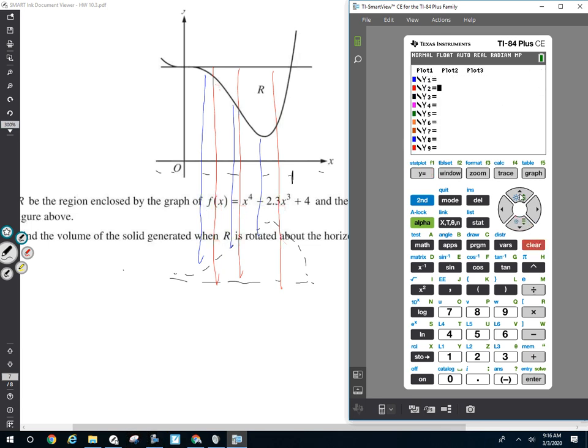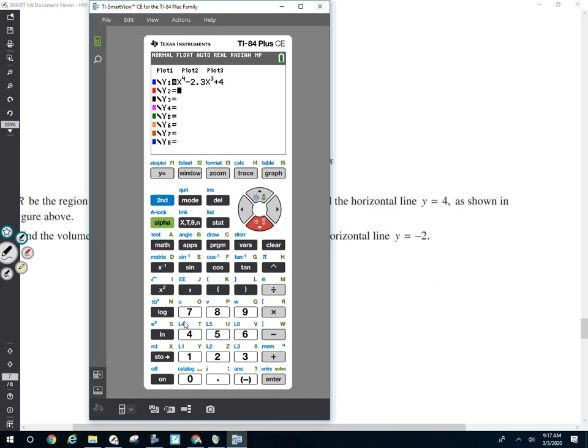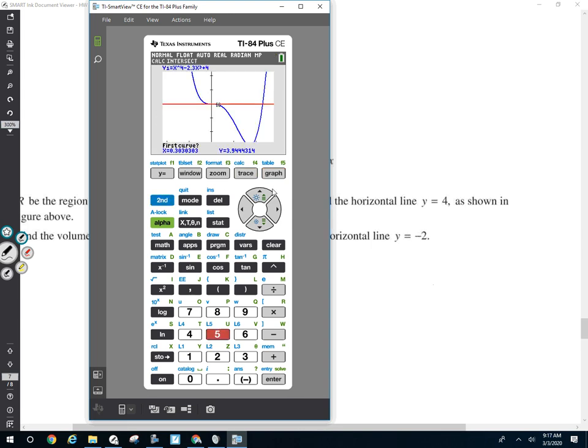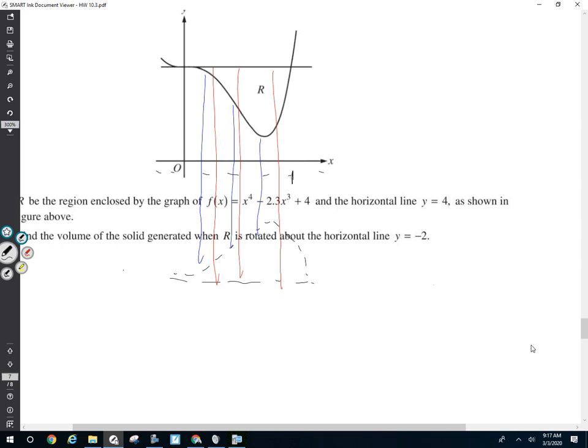You got to practice. x to the 4th minus 2.3 x cubed plus 4 intersects with y equals 4. So I can calc that intersection over there. 2.3. Thanks, guys.